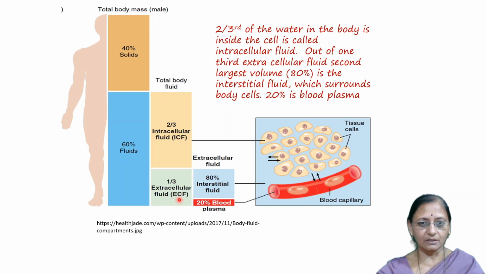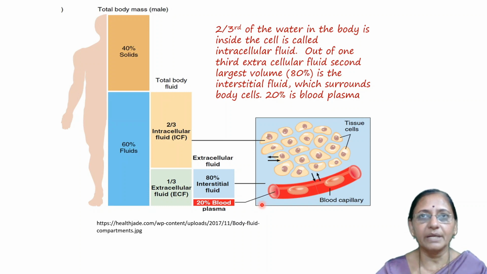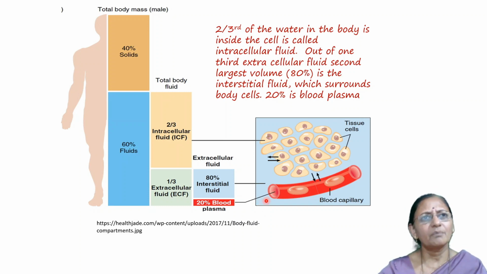Out of that one-third, 80% is the interstitial fluid, and 20% is in the blood plasma. Thus 80 and 20 make up the extracellular fluid, but a small amount is also present in lymph and in other fluids such as the cerebrospinal fluid in the brain, though that is again part of the interstitial fluid.